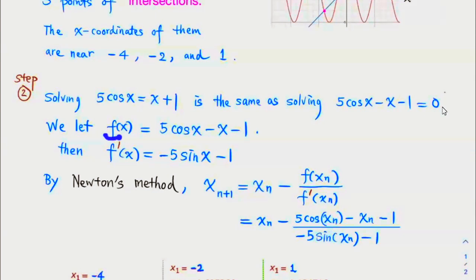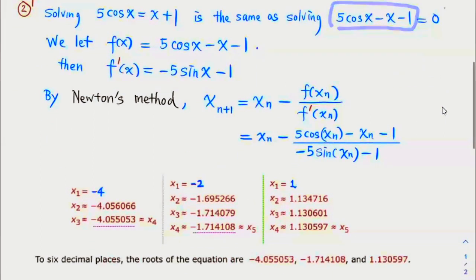We let the function f of x equal to this. And we take the derivative, because in Newton's method we also use the derivative. The derivative of this function is -π sine x minus 1.